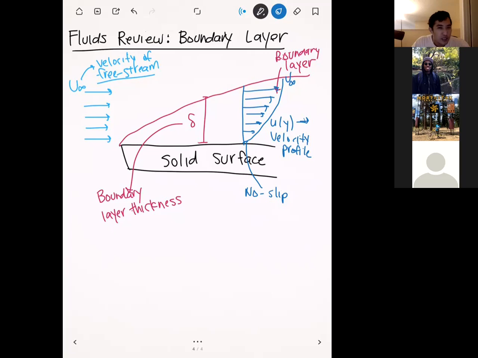A lot of times you don't really see it. If you look at the air that flows past an airplane wing, it's really hard to see the boundary layer unless you zoom really close and squint your eyes, because a lot of times it's really, really thin.